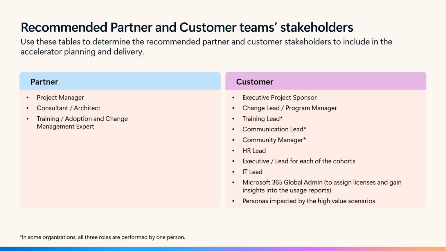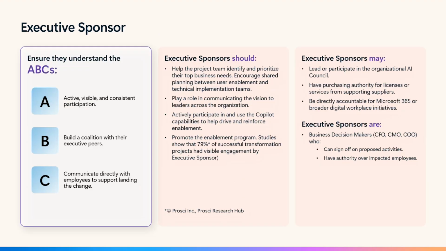I can continue with the executive sponsor maybe. Just to give you an idea what the executive sponsor has to do, he will be here to help the project team identify and prioritize their top business needs, to play a role in communication, actively participating and ensuring the Copilot capabilities, promote the enabling program, for example, and maybe he can help them lead and participate in the company AI council and many other roles.